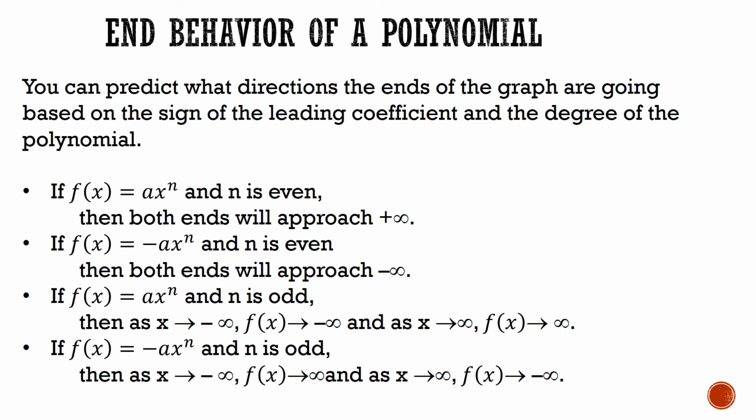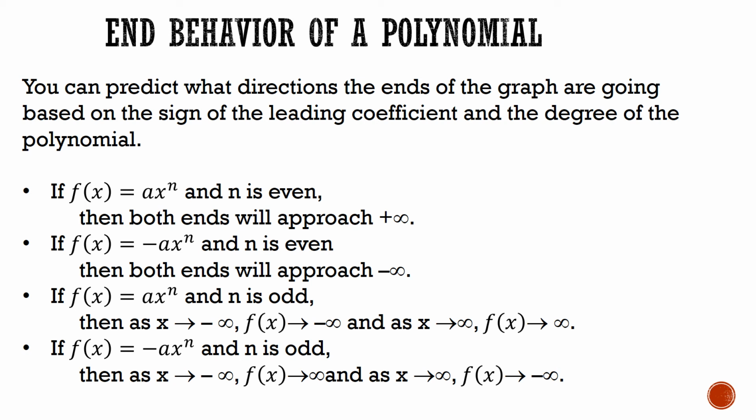Okay, so we're looking at the end behaviour of a polynomial. Now, don't copy down this slide. The next slide is a little bit more intuitive. So, in order to predict how a polynomial is going to behave as x approaches positive and negative infinity, we need to look at the largest degree.